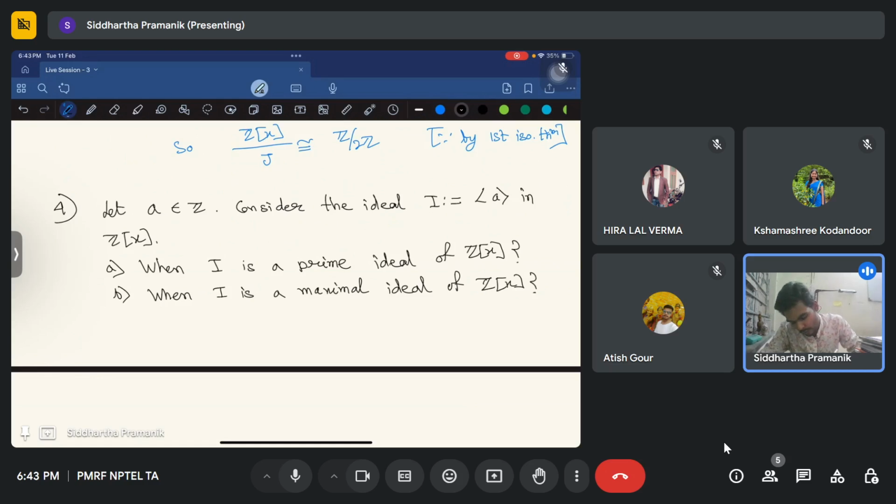I hope you have understood the problem. We have taken an element, an integer. This is also an element of Z[x] because Z is a subset of Z[x]. Then if we take the ideal generated by that integer in the polynomial ring, when is it a prime ideal and when is it a maximal ideal?